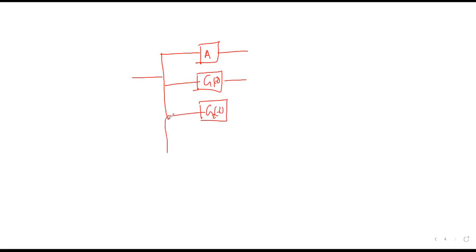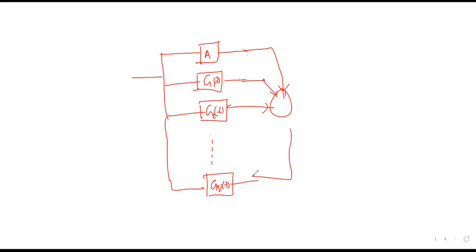So your X, then you have A, then you have G1 Z, G2 Z, and goes on up to G Q Z. Okay, so combination of them, the summation in the output will give you the overall result.